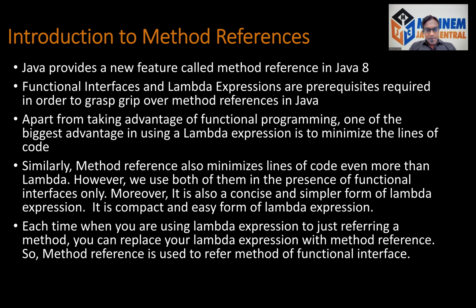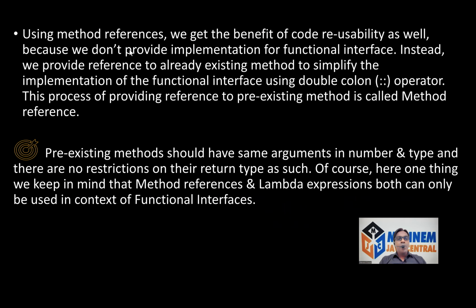Just write one method. In that method, write your functionality, refer that method to the functional interface, and call that method wherever you need. Using method references, we get the benefit of code reusability as well.